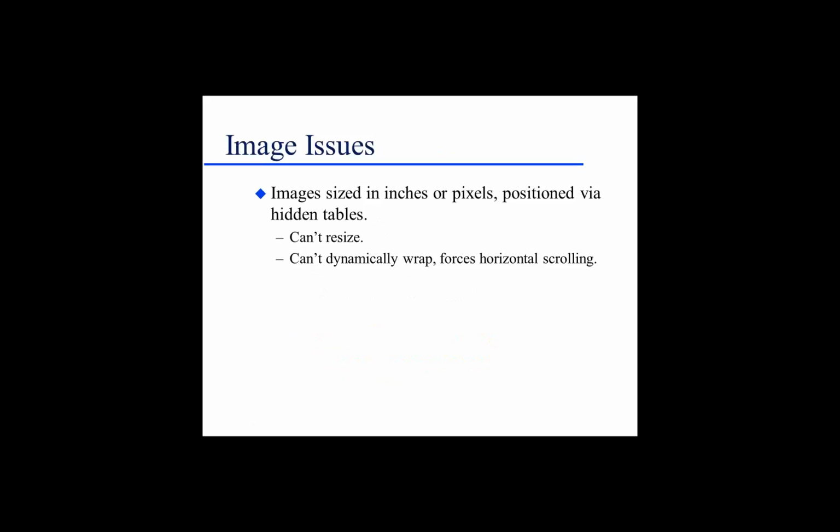All right, image issues. Images are often sized in inches or pixels, and they're positioned via hidden tables, which means we have two problems. They can't resize as the screen size changes, and also, if you have several images next to each other horizontally, they cannot wrap, which means you're going to get horizontal scrolling.